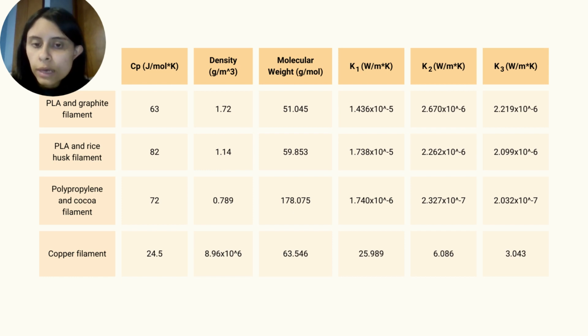Now, in terms of the values, it is seen how the filament of cocoa and polypropylene have the smallest conductivity. Then comes the PLA and rice husk filament. Then the PLA and graphite filament, and finally the copper filament that resulted in the biggest conductivity.